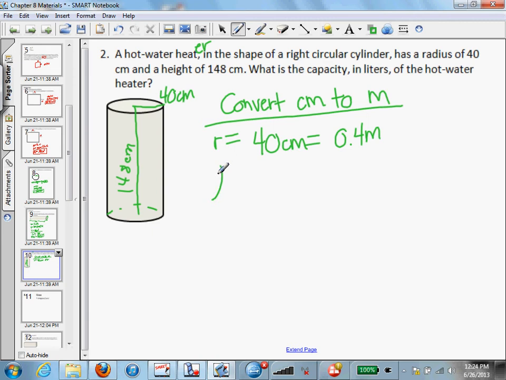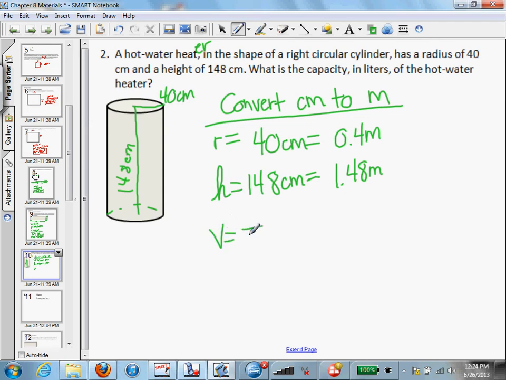The height was 148 centimeters, so we can find the meters to be 1.48 meters. Now let's use our formula for finding the volume.